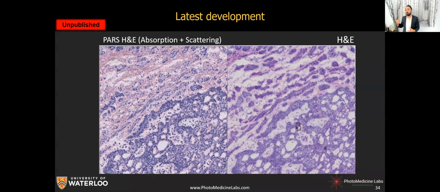So by looking at reflection or scattering of our detection, we get E. By looking at the absorption of our excitation, we get H, and then we get H&E-like images with 1 excitation wavelength. That means much, much faster. So this is PARS H&E images based on both absorption and scattering, which is another important thing.